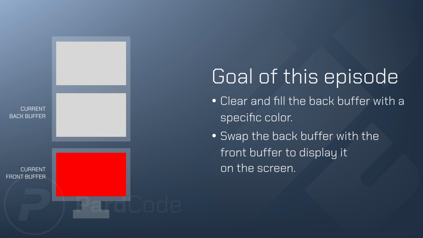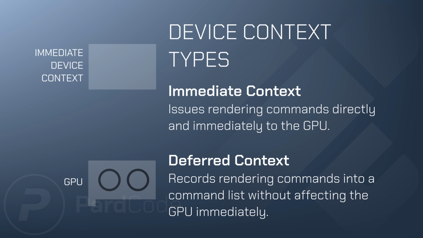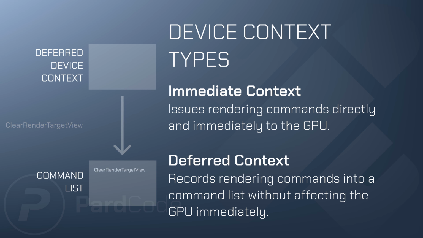Before we proceed, let's break down how a device context works. There are two types of device context in Direct3D 11: the immediate context, that is the default context provided when the main D3D 11 device is created. It issues rendering commands directly and immediately to the GPU for execution. The deferred context, on the other hand, allows commands to be recorded into a command list without affecting the GPU immediately.